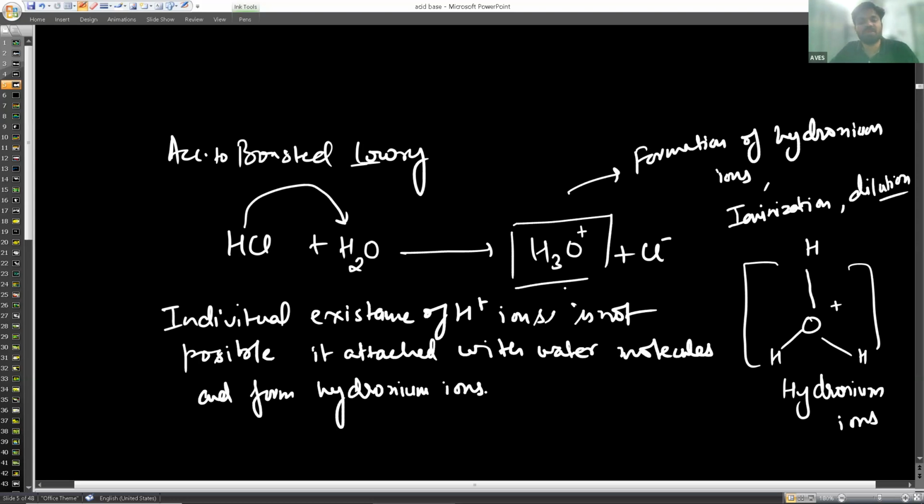Second, ionization takes place, meaning dissociation of H plus ions and Cl minus ions. It gets separated. What is dissociation? Like H positive and Cl minus ions get separated. The H plus ion of the acid is getting attached with the water. So we'll simply say here that the hydronium ion is formed and Cl minus is formed. That is called dissociation.